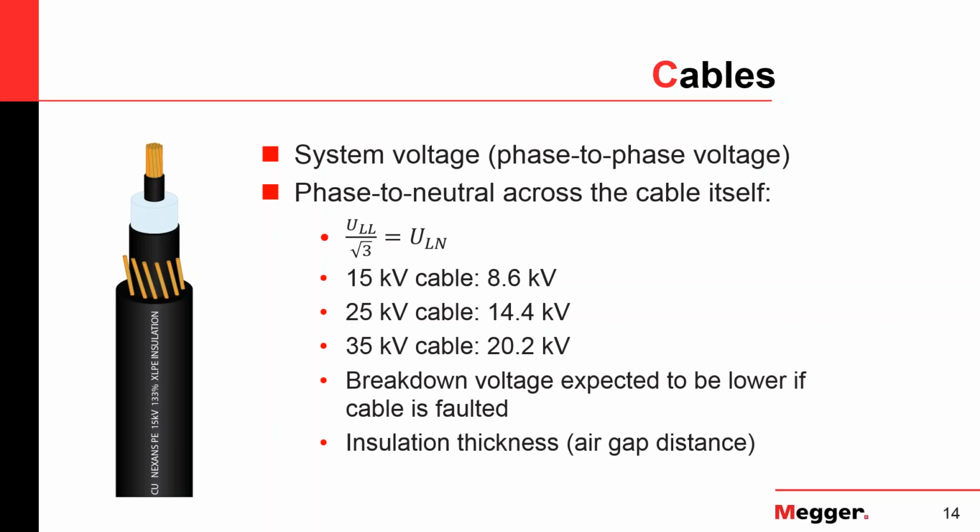A 25 kV cable, this number is 14.4 kV, and for a 35 kV cable, this is 20.2 kV at its max. There are a lot of utilities or co-ops that would not even go to the 8.6 kV for the 15 kV cable. Their operating voltage would be 7.2, and that comes out to less than 15 kV phase-to-phase.